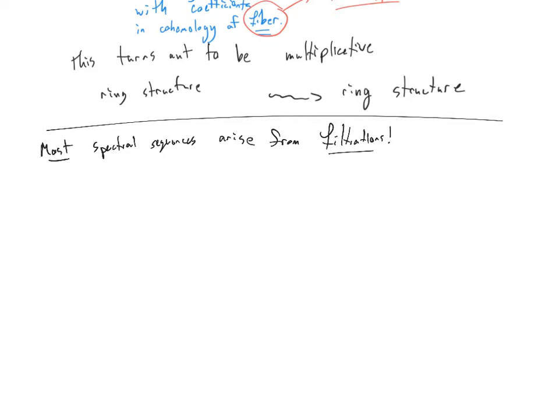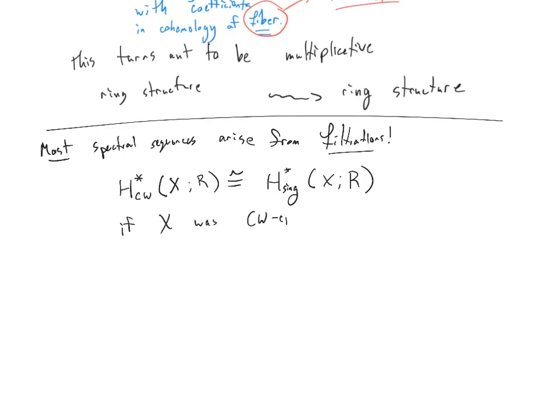I think we specifically proved this last semester, but we also proved it in the first two days of this semester: the argument that the CW cohomology ring of a space, with coefficients in R, was the same as the singular cohomology of X with coefficients in R, if X was a CW complex.